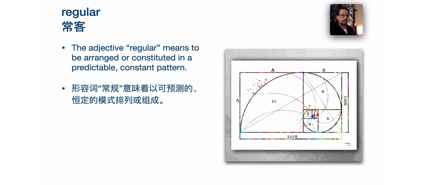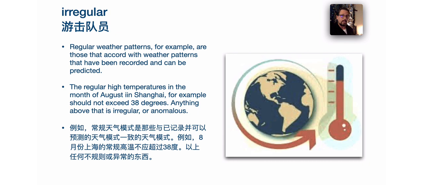Okay, and our last word is regular. The adjective regular means to be arranged or constituted in a predictable pattern. And here we see a geometrical representation of the Fibonacci sequence. Regular weather patterns, for example, are those that accord with weather patterns that have been recorded and can be predicted.